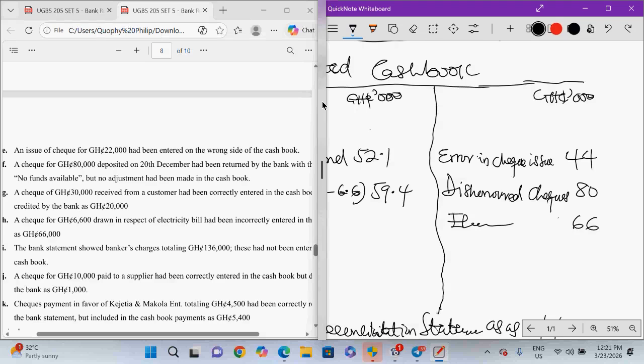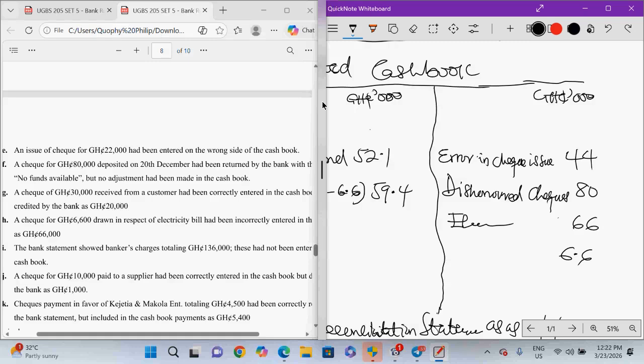Electricity, 66. Something that I was supposed to record as 6.6, which is the 6,600, they recorded as 66,000. The reason why it is 6.6 is because I divided by 1,000 because of the 30. So they're supposed to record 6.6. They recorded 66. And we have found the difference of what? What is the difference? 59.4.